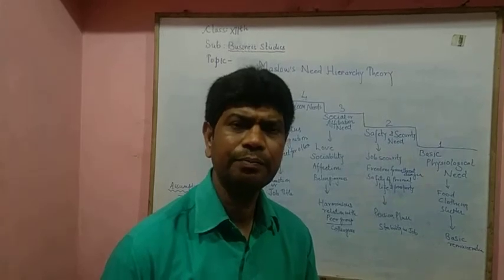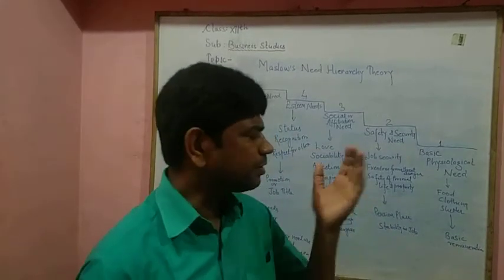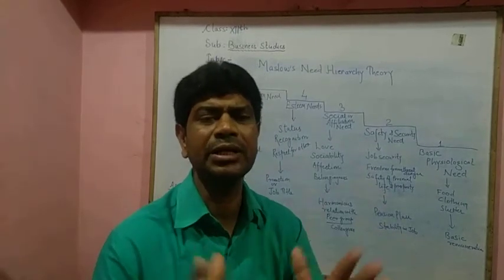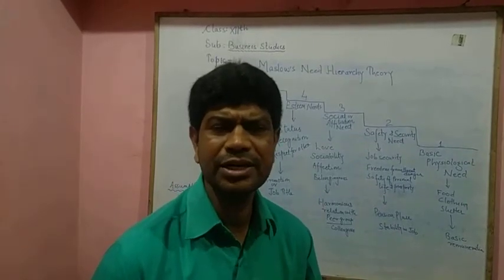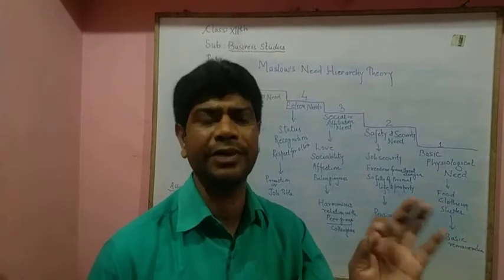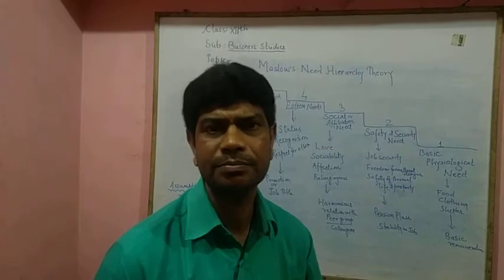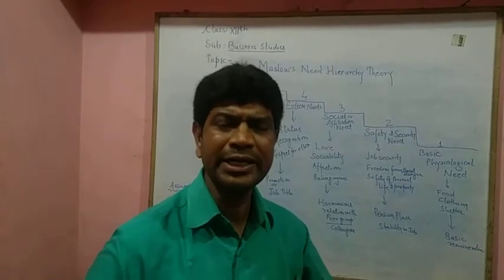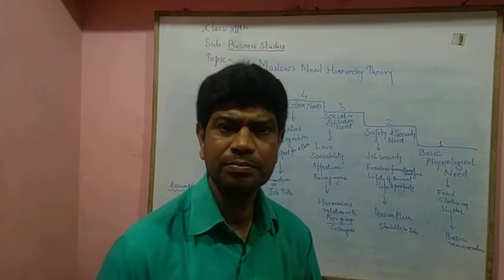Maslow has proposed that these needs of a human being necessarily follow a hierarchy. There is an order of preference. That is the meaning of hierarchy. It is not that all the needs arise at a time.